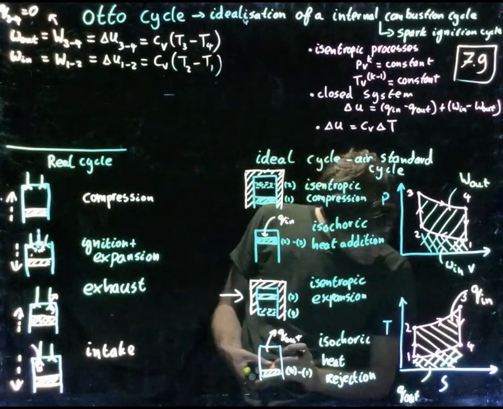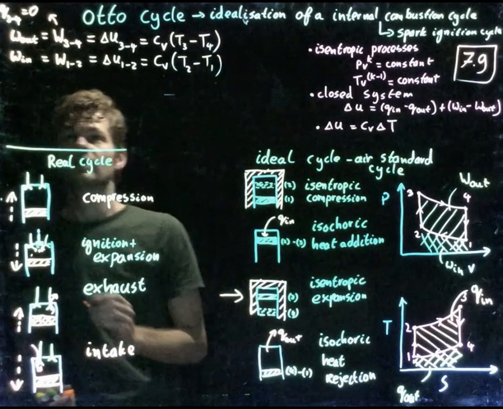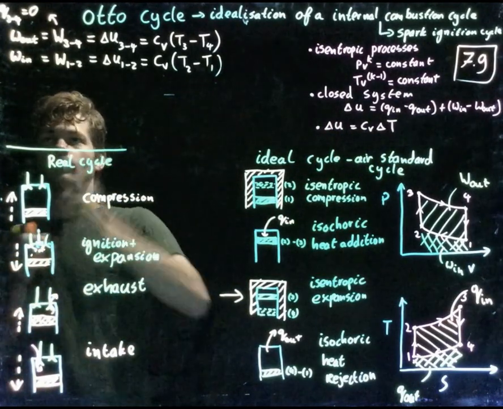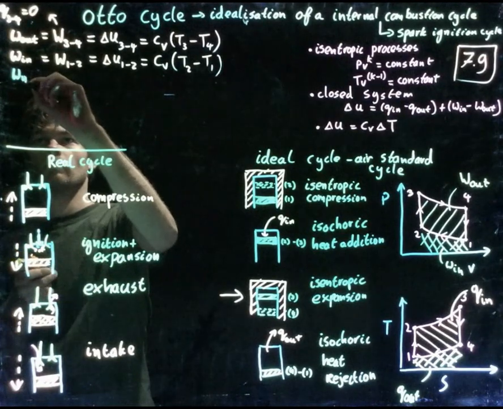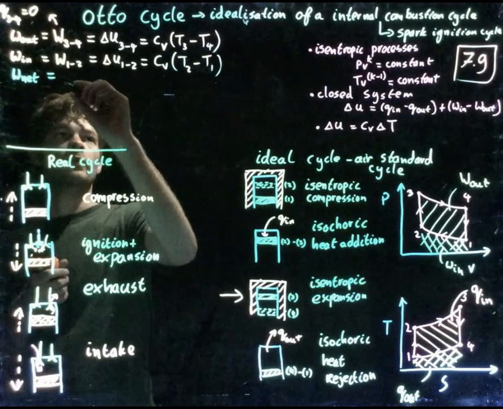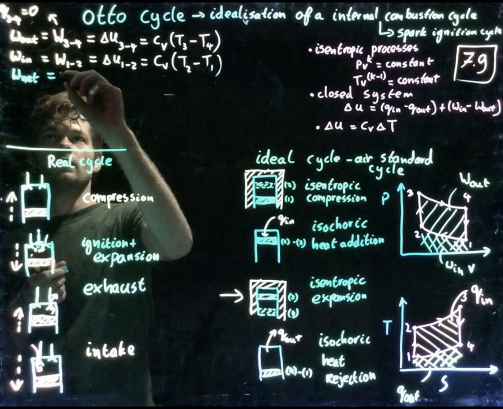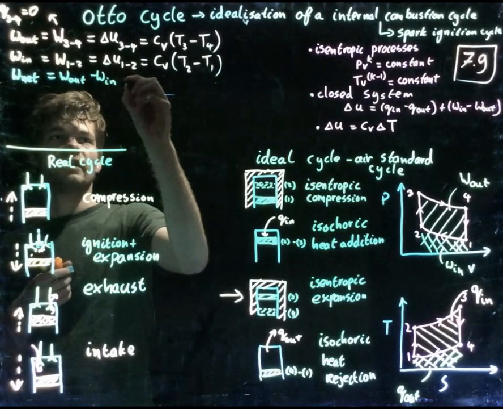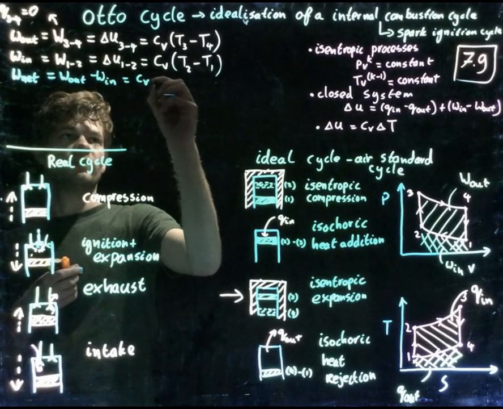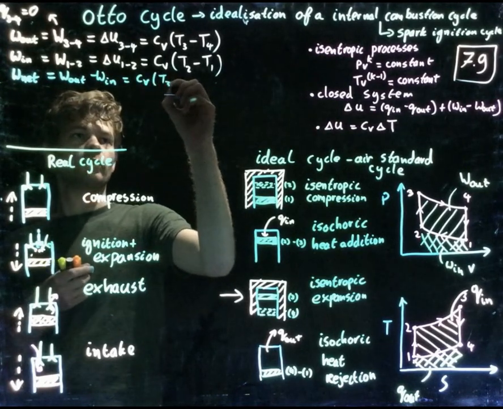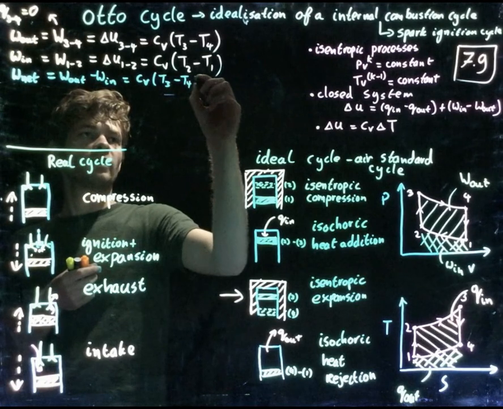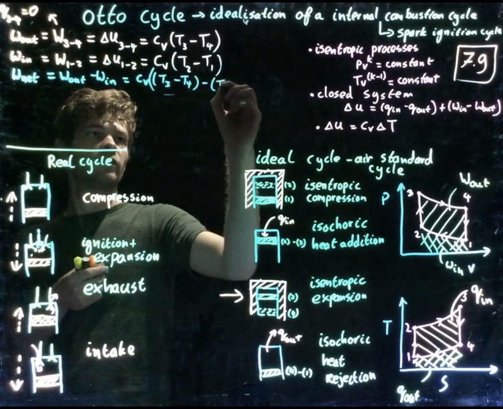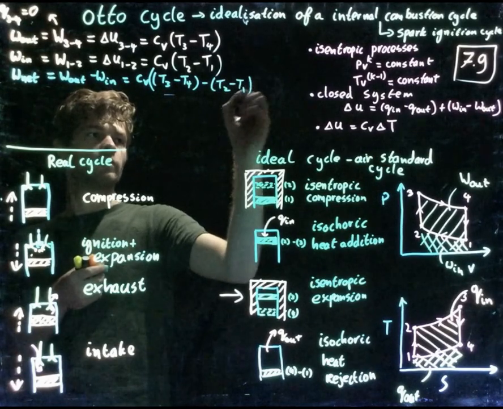Check whether I did it correctly. Yes. So now we know that my net work will be equal to work out minus work in, and that's equal to CV (T3 minus T4) minus (T2 minus T1).